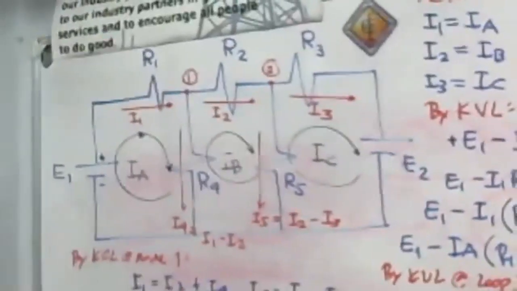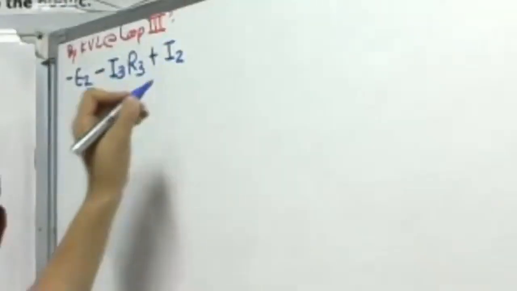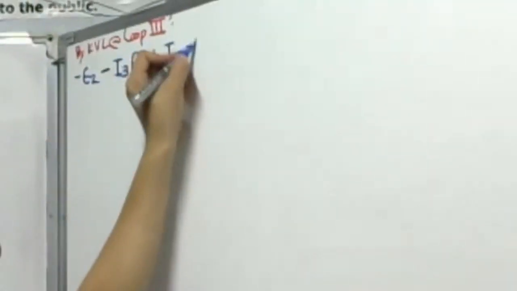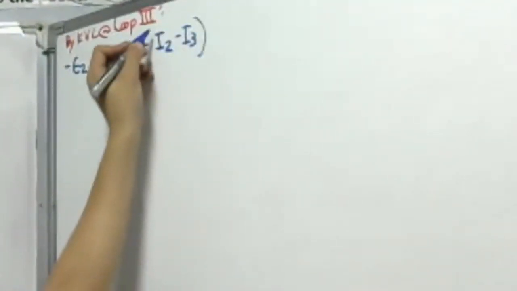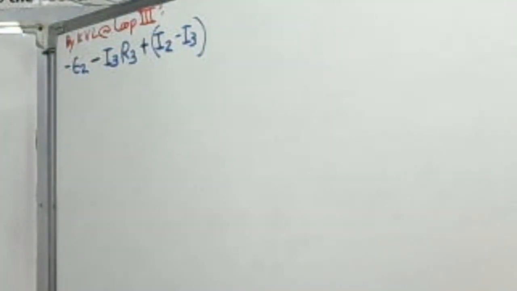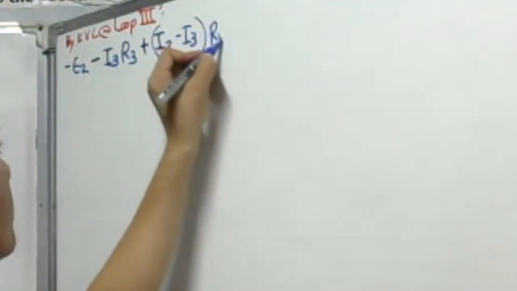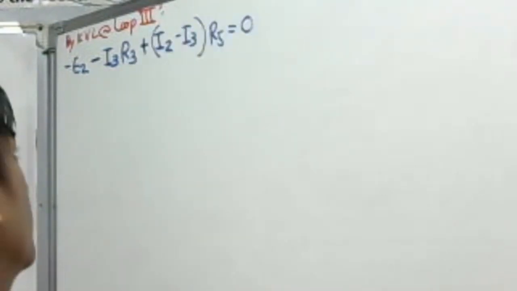Plus, what is the current in R5? So we have I2 minus I3. And then multiplied by R5. That is equal to 0. Okay?